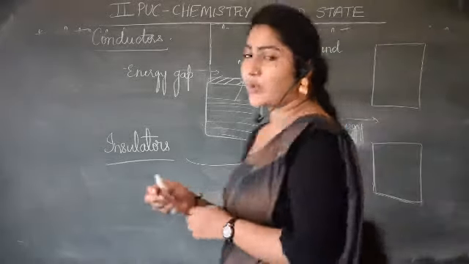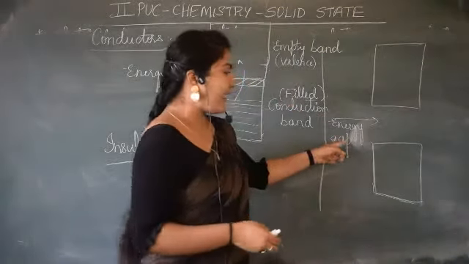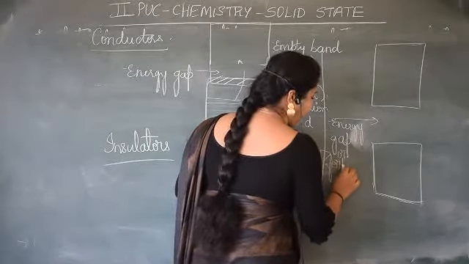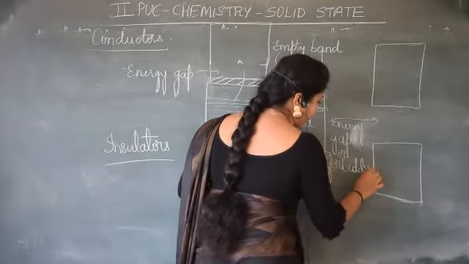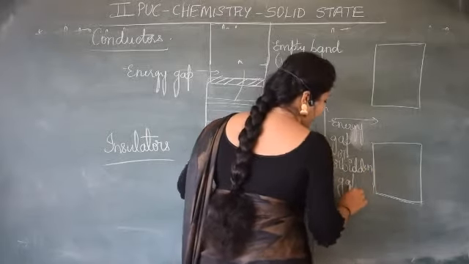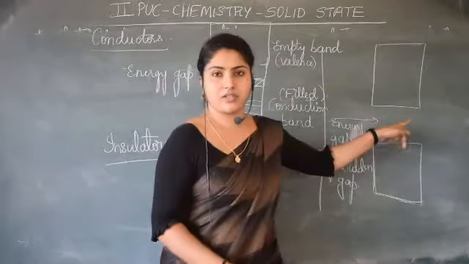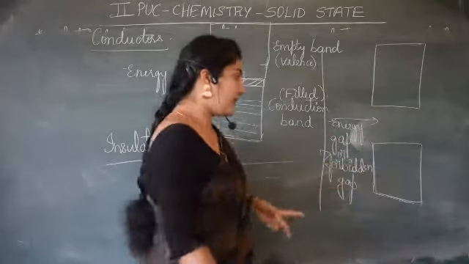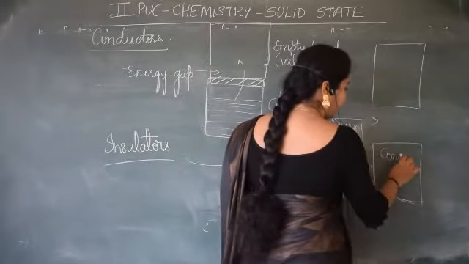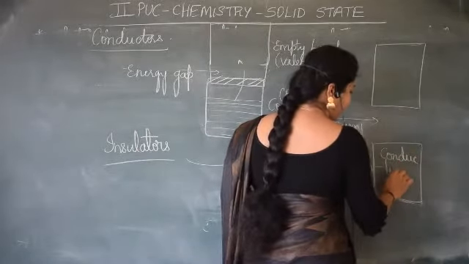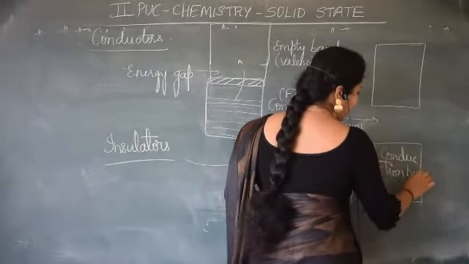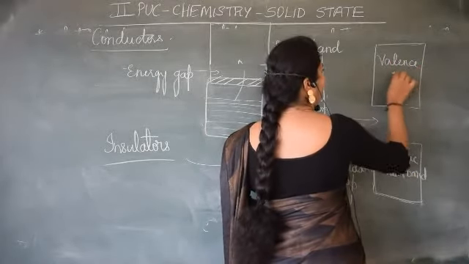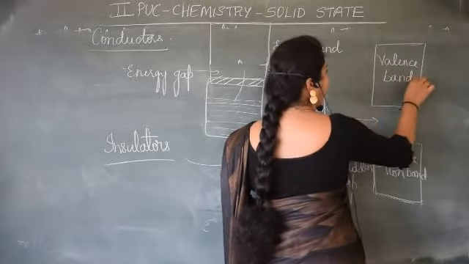So in the case of insulators, the energy gap or forbidden gap is very large between the conduction band and the valence band.